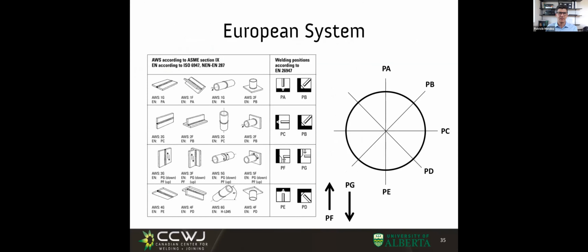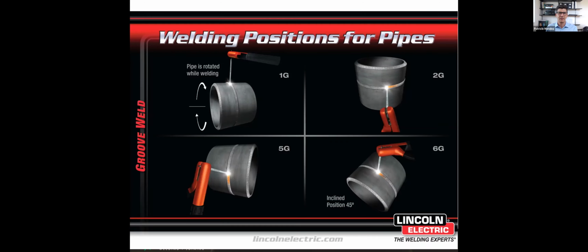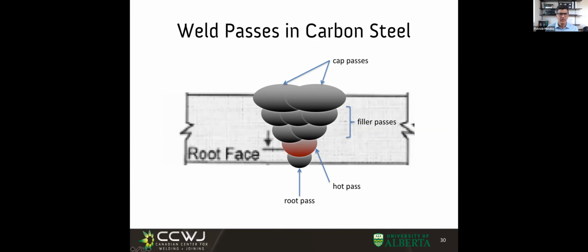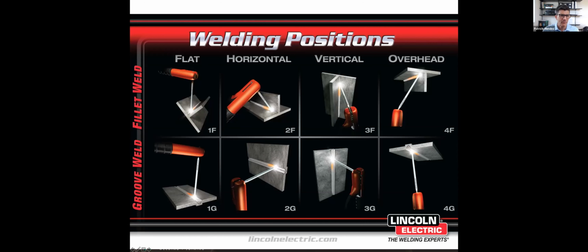Welding positions. Positions in North America have names. So for the case of fillet welds, and I'm already using words that are relatively new to us, flat is when the fillet is containing the weld.